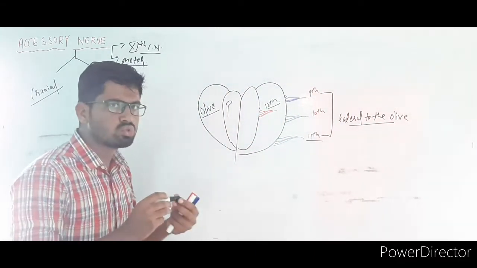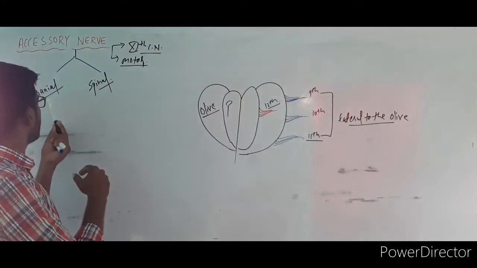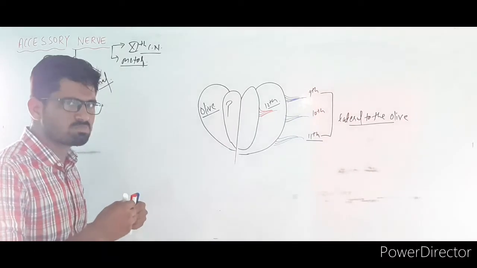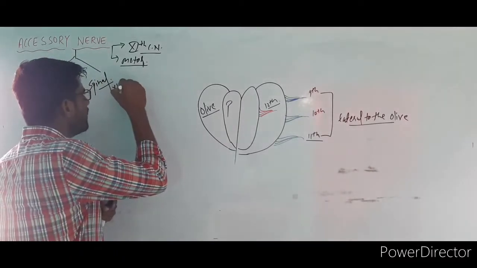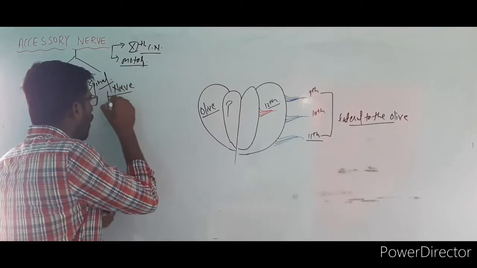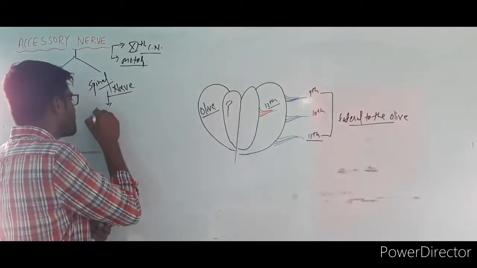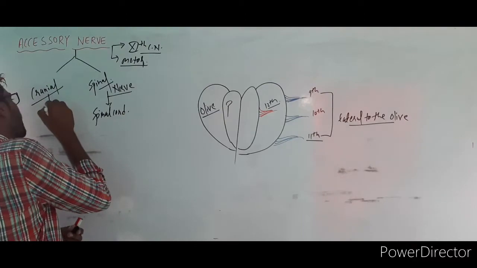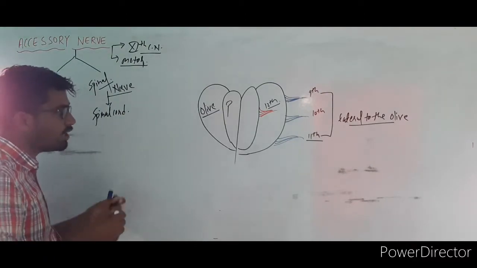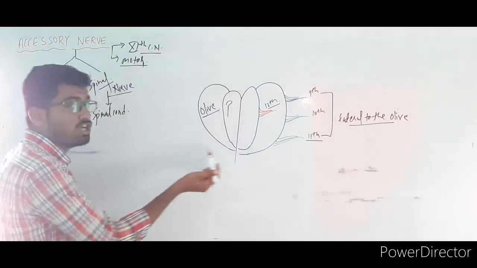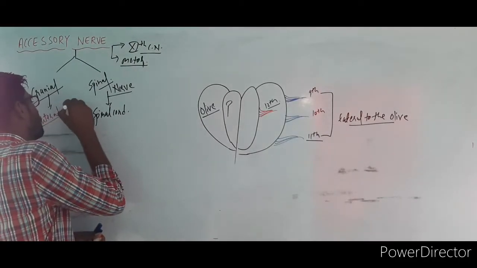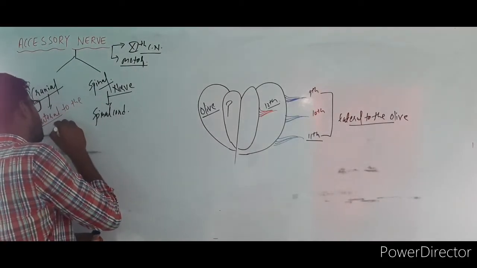It has two roots, cranial and spinal. The spinal root means a spinal nerve, so where does it arise? Obviously from the spinal cord. And the cranial root arises lateral to the olive.